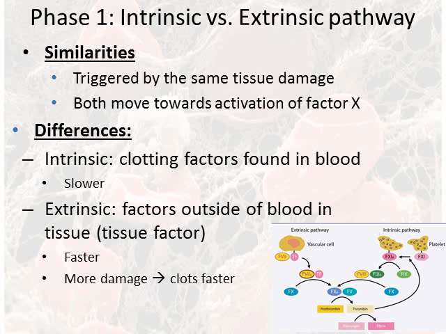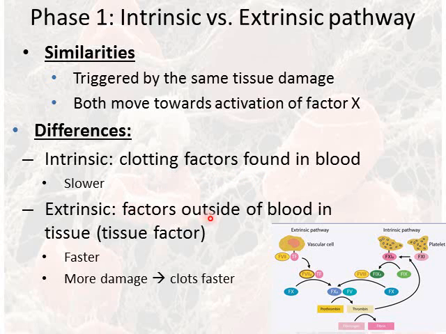Okay, so within phase one, there's 2 different pathways, 2 different ways to get to factor 10. Both pathways are triggered by the same tissue damage, so they're both happening at the same time, and then they both move towards the activation of factor 10. The differences between these, though, are the intrinsic pathway is all due to factors found in the blood. That's why it's called intrinsic.